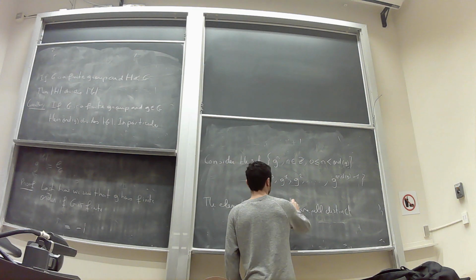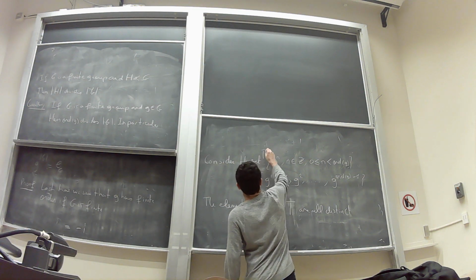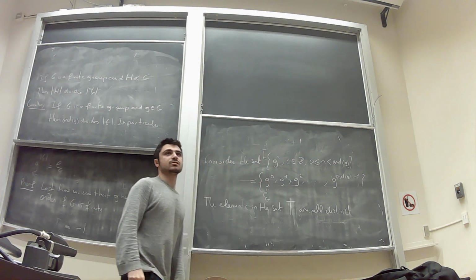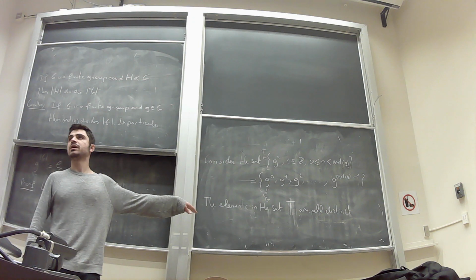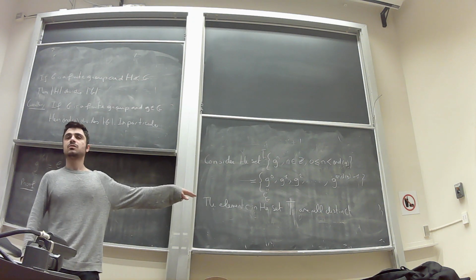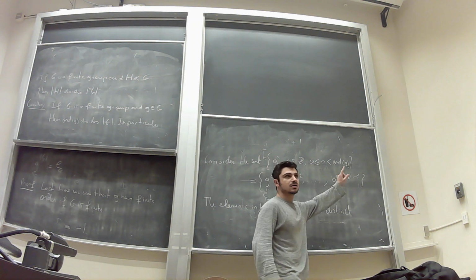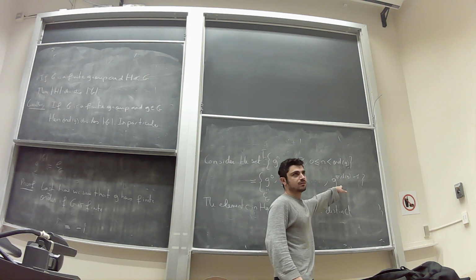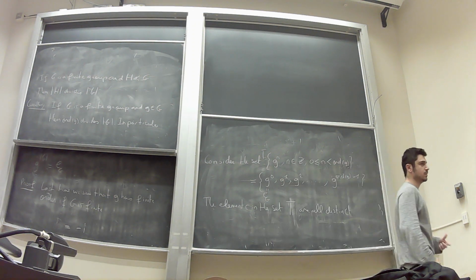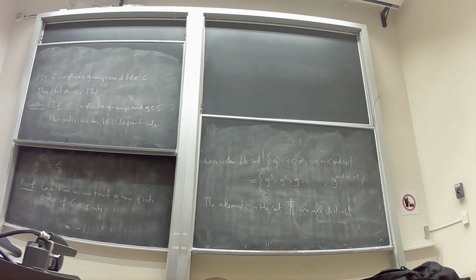I don't know, set T, let's say, are all distinct. Should I leave this as an exercise, or do you see why they're distinct? You see why they're distinct, right? Because if you have two of them that are equal, then the order must divide the difference. And that can't happen. Yeah? You see that? Let me prove it.